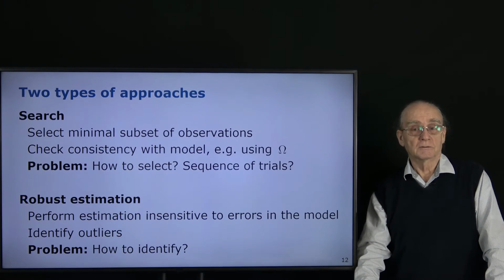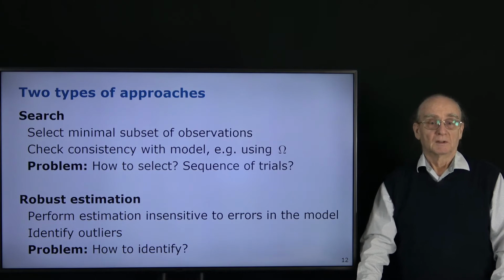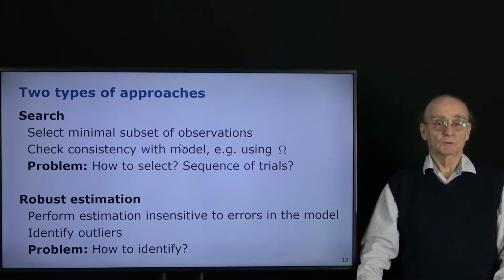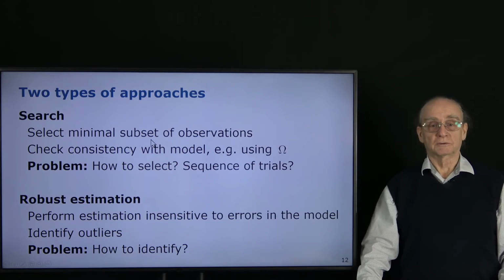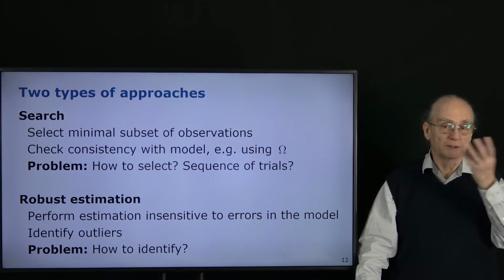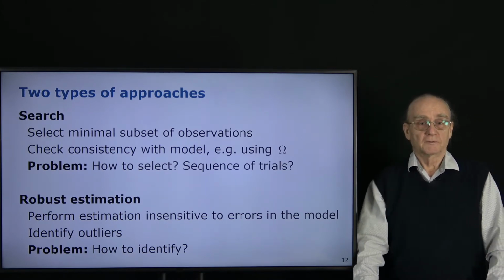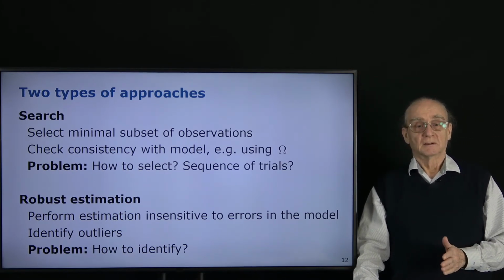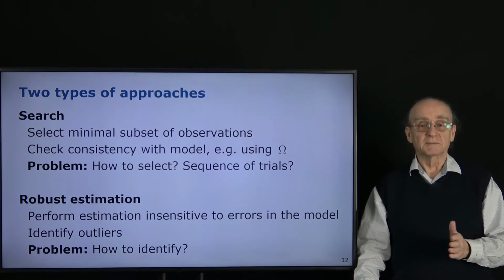For instance, using the sum of squares of residuals. Of course, the problem is, how do we select such a subset? We can do it systematically, or we could do it randomly, or we could do it in a way which you invent. And of course, if there are many trials, does the sequence of the trials make a difference?